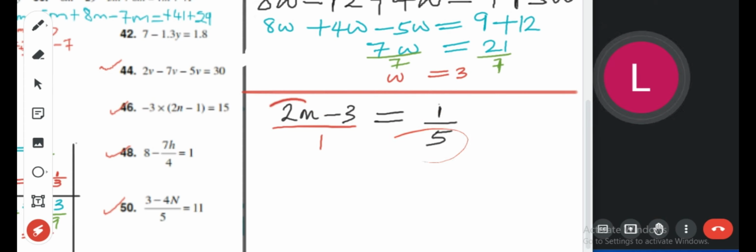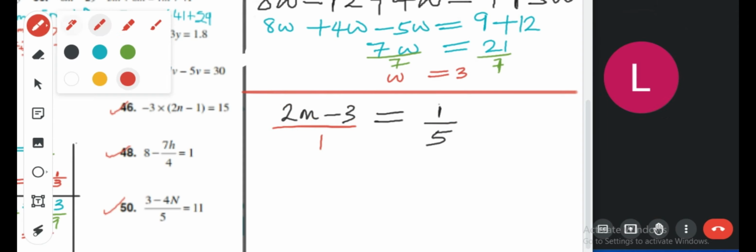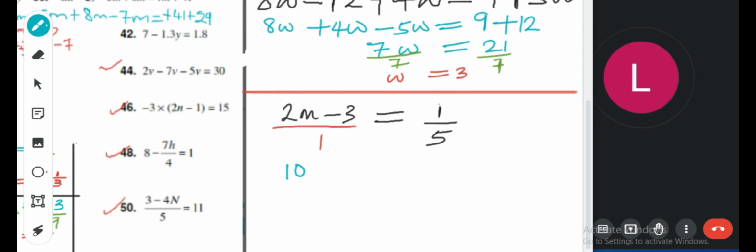5, we multiply everything here. This 5 down, we multiply everything on the other side. So, we start with 5 times 2m. That will give us 10m. Then 5 times minus 3, that will give us minus 15.